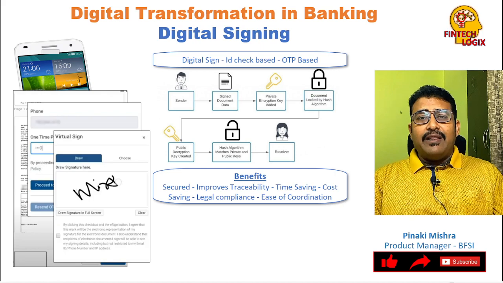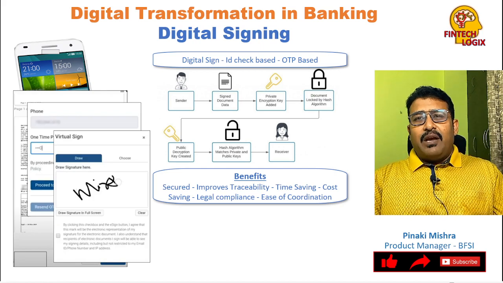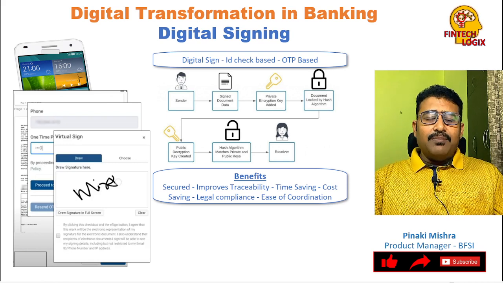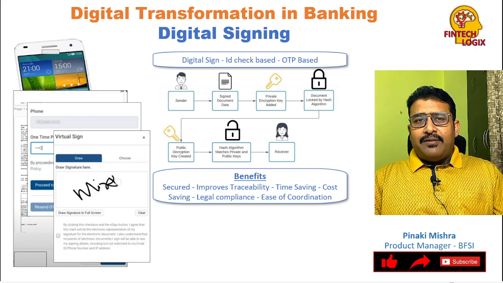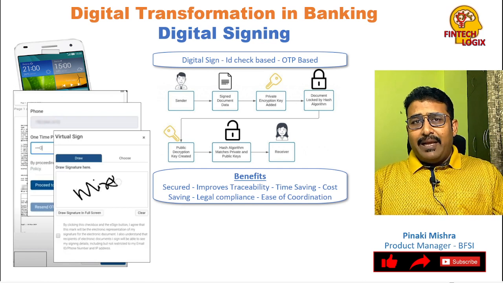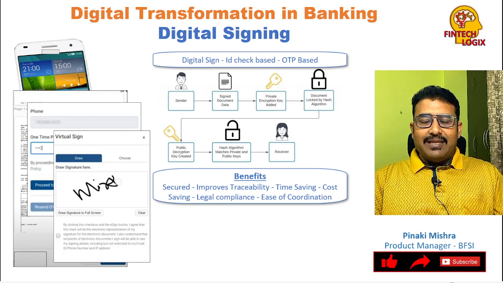So definitely the document is much more secured here. Now this improves traceability. As it all comes under a workflow, at any point of time we can trace where the document is, which party has signed, which party has not signed, what is pending, if there is any error. All that traceability can happen very easily.